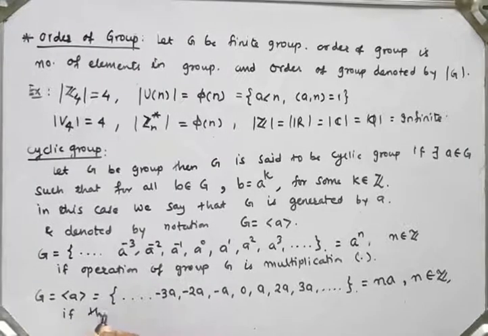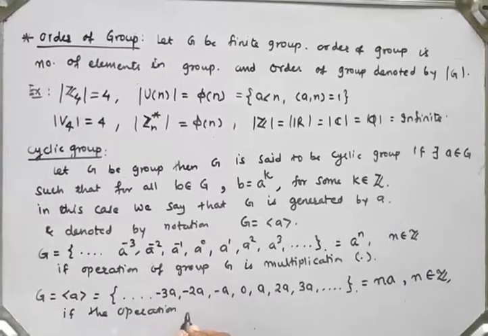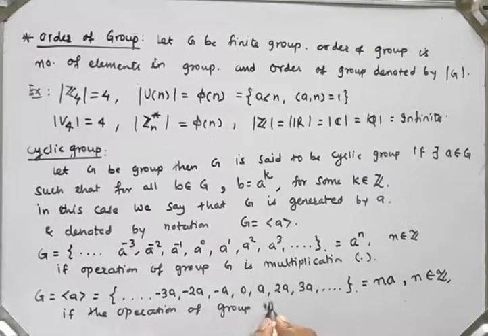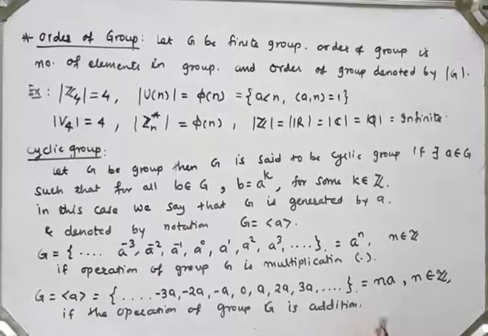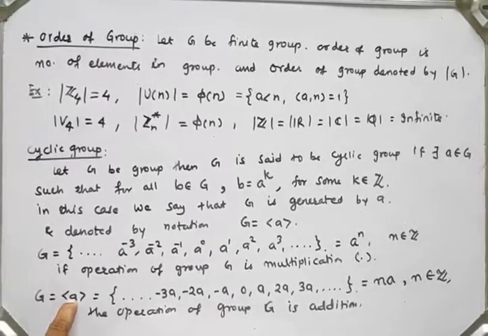If the operation of the group G is addition, meaning you have an additive group, then A is the generator and the element is always of the form minus 3A, minus 2A, minus A, 0, A, twice A, thrice A and so on.